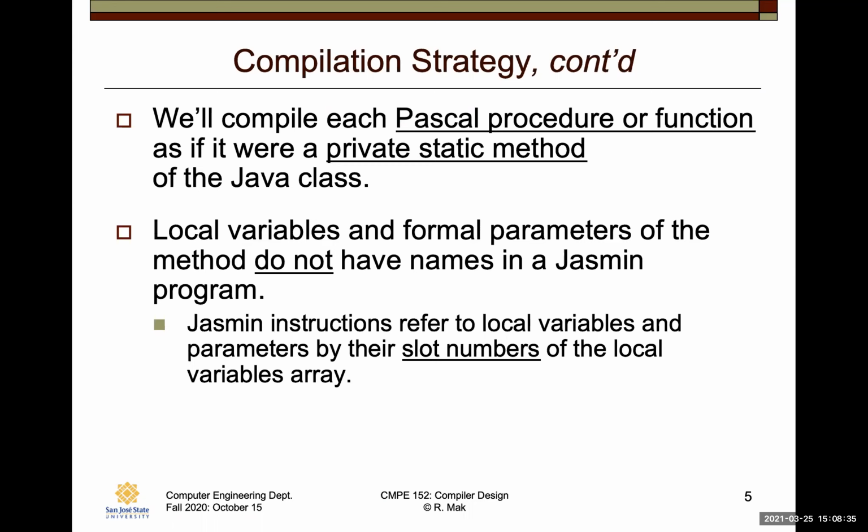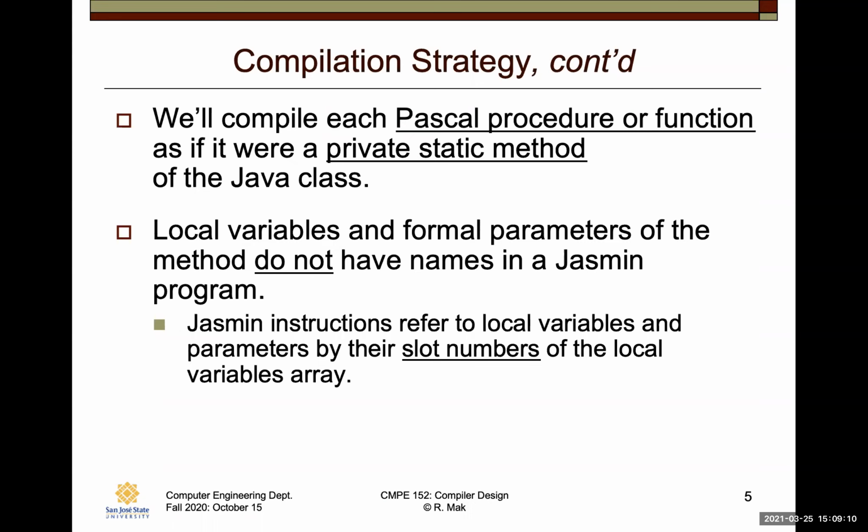So every procedure or function that you're executing at runtime causes a stack frame to be pushed onto the runtime stack, and in each stack frame, there's the local variables array where all the runtime values of the local variables and parameters are kept. And then we have to keep track for each parameter or variable what slot its value is in. So every parameter and local variable will have a slot number.